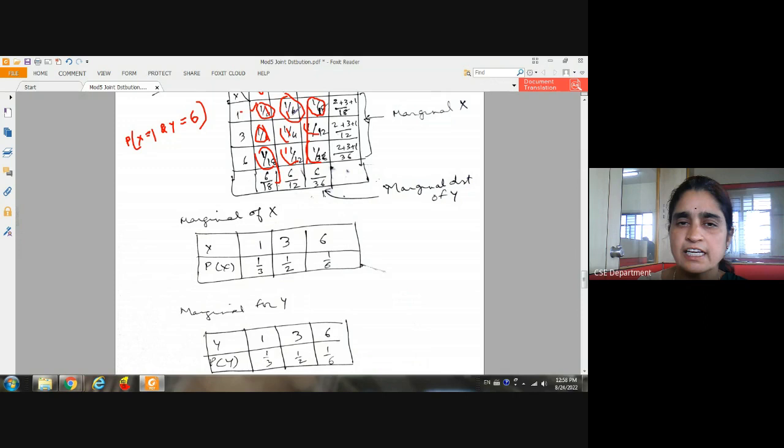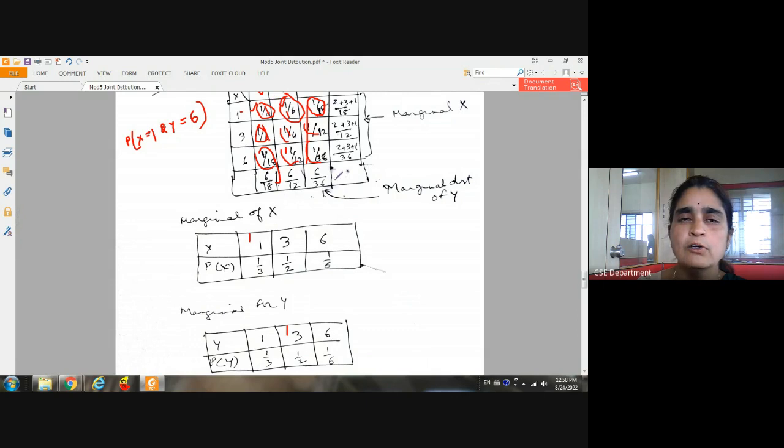Next, let us check the next case. X equal to 1, y equal to 3. What if I take the product, 1 by 3 into 1 by 2, that is 1 by 6. So in this case also correct. Like that, all 9 cells you should check.